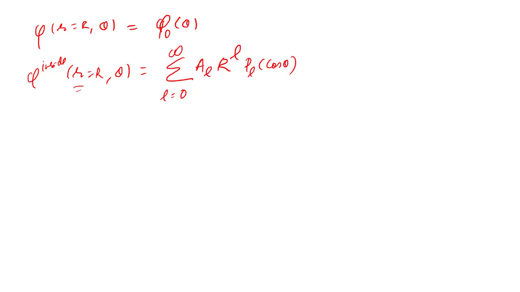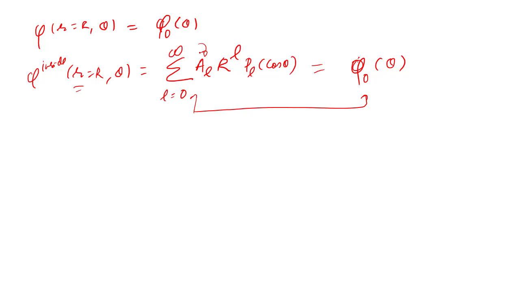This we're given is equal to phi 0 of theta. Now it's quite straightforward to figure out what should be the value of each A_L from here.